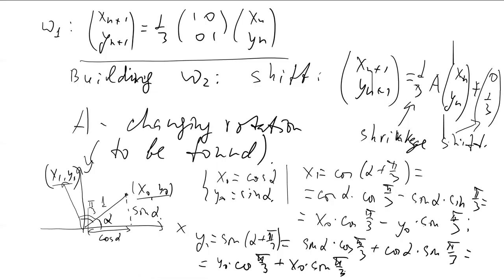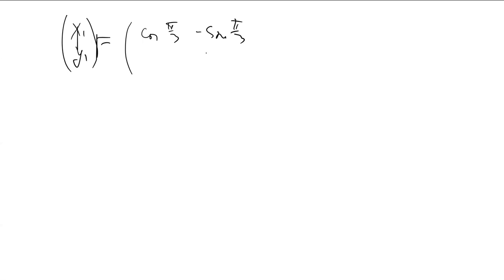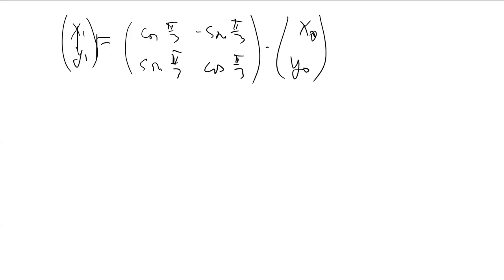If we put this all together, we find the following representation: x1, y1 equals, you can check it, the matrix cosine pi over 3, minus sine pi over 3, sine pi over 3, cosine pi over 3, times x0, y0. And this is our A.